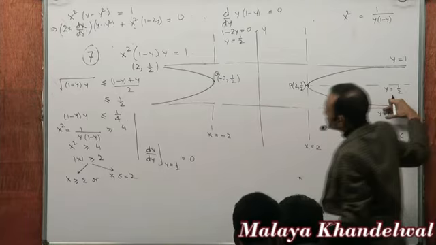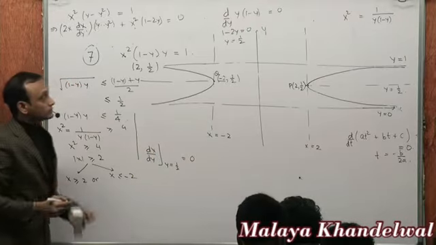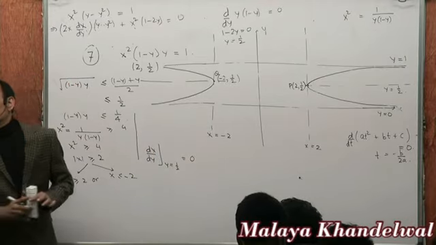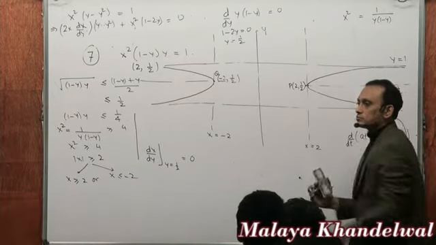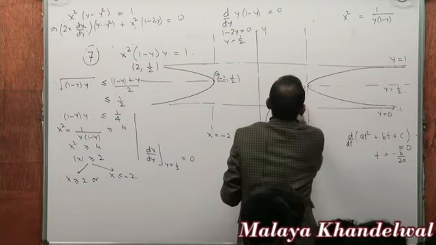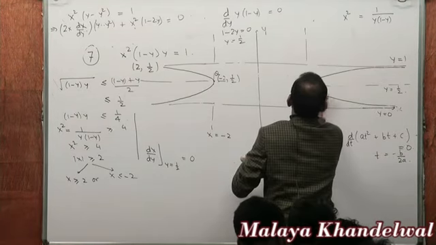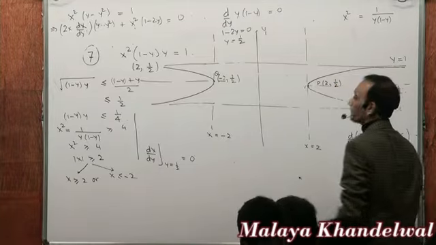Yes or no? So same thing here. This is the graph. Now, what are the two asymptotes? There are horizontal asymptotes, this asymptote and this asymptote, right? And let me call this point P, 2 comma half.